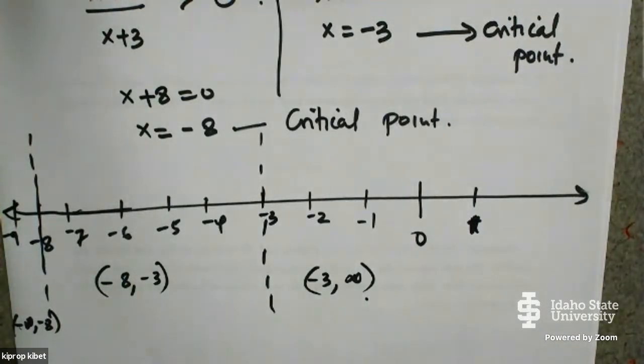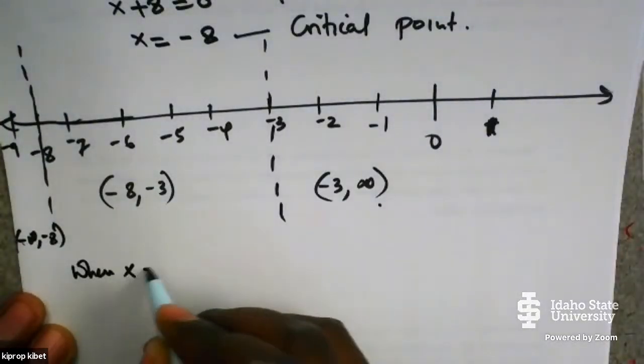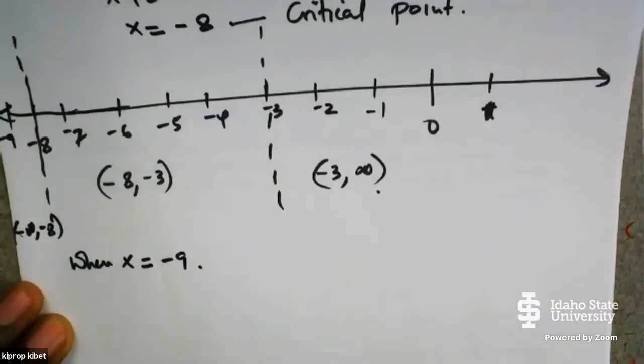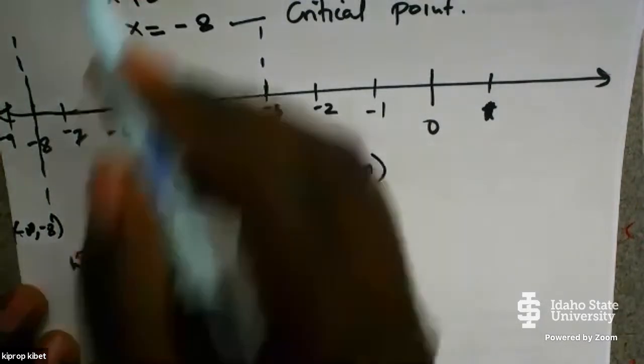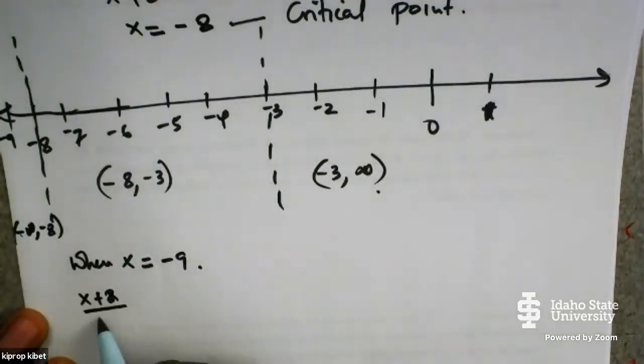Okay, now let's try when x equals minus 9. So x plus 8 all over x plus 3 greater than 0.